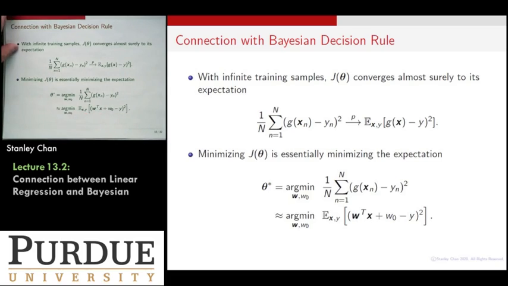If I know the distribution of x and the distribution of y, then I should be able to evaluate this joint expectation, take the derivative with respect to w and w0, set it to 0, and get some analytical answers.